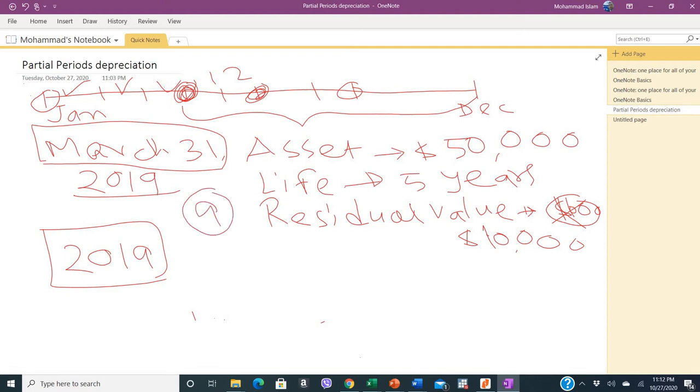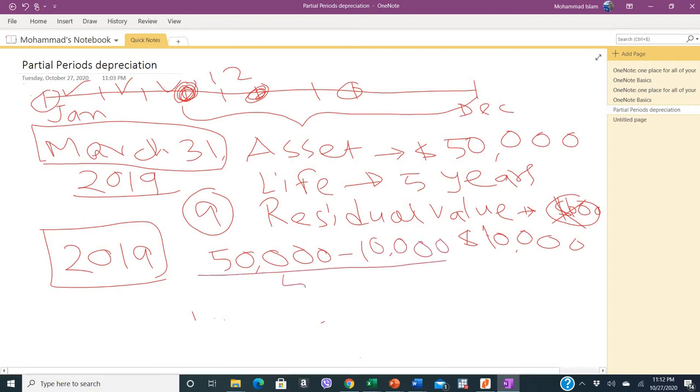So we will calculate depreciation for 2019 this way. The depreciable amount is 50,000 minus 10,000, and the per year depreciation would be equal to 8,000. Correct?